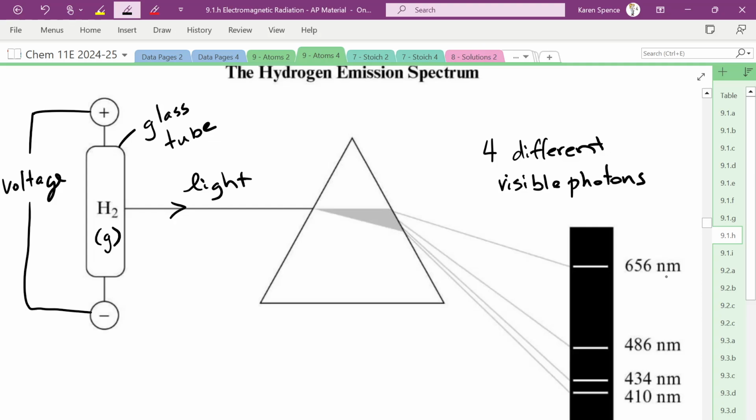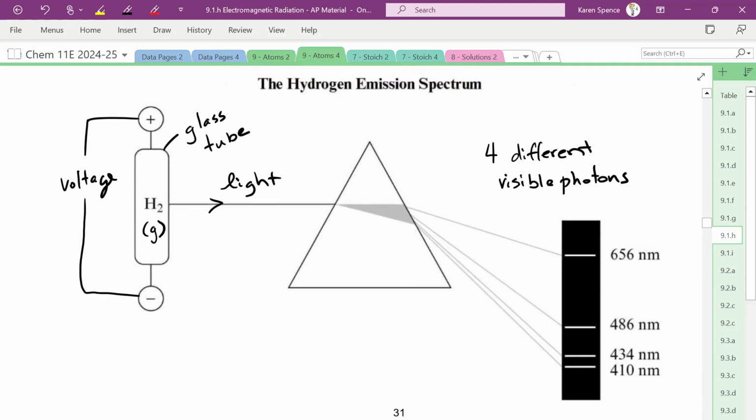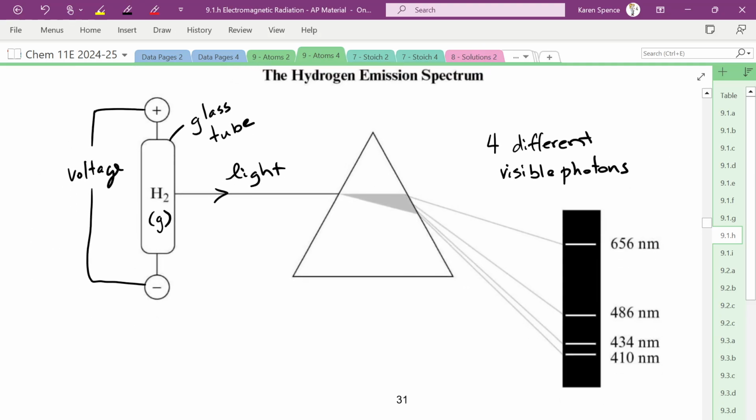Okay, so we got that 656, we got the 486, we got the 434, and the 410 nanometers. Okay, so that's our emission spectrum for hydrogen.